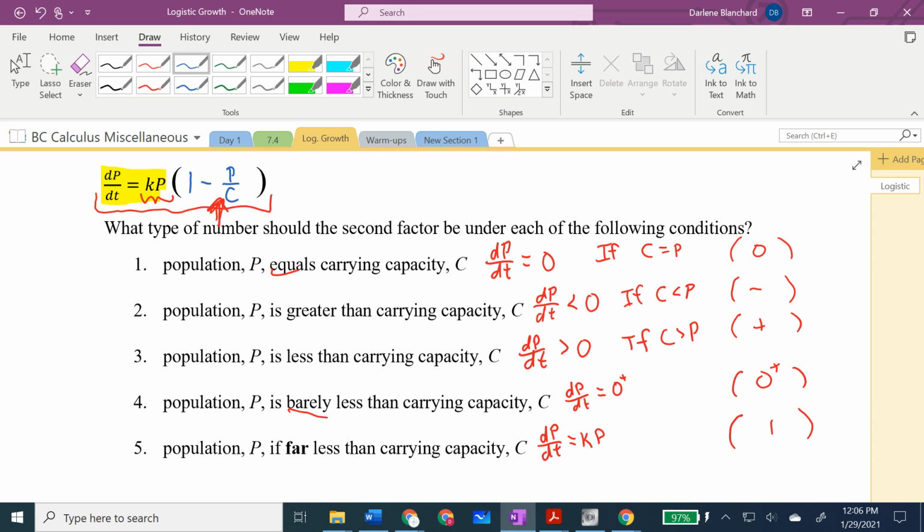And if your population is so small compared to your carrying capacity that it's near zero as a ratio, then you're getting 1 minus near zero. So this is such a simple formula, and it's going to be even more amazing when I show you how nicely it integrates.